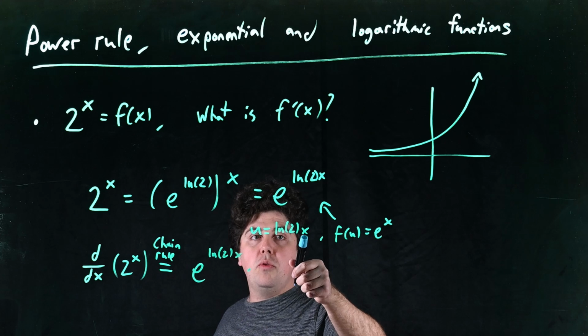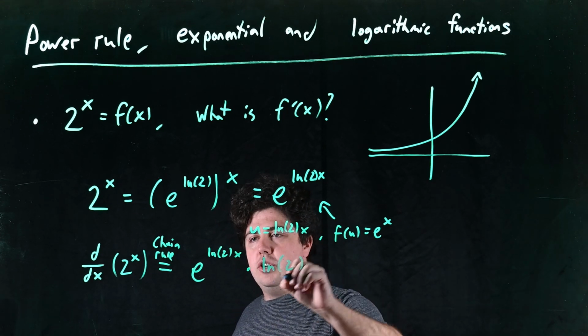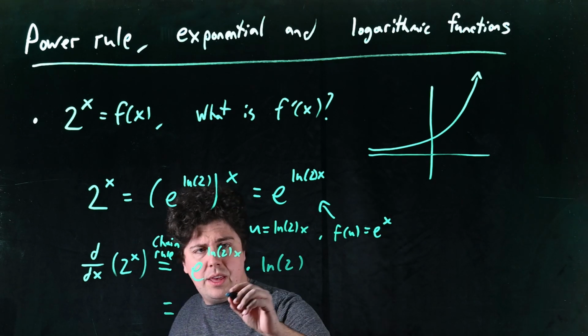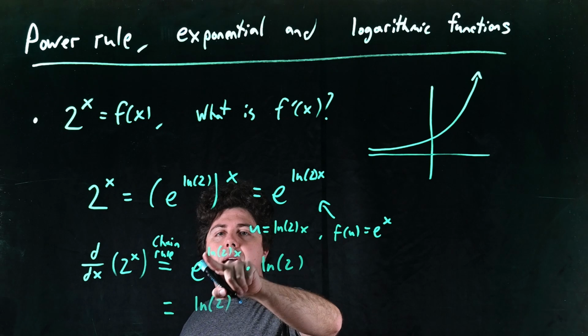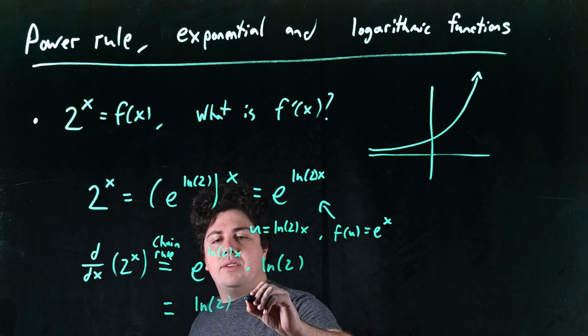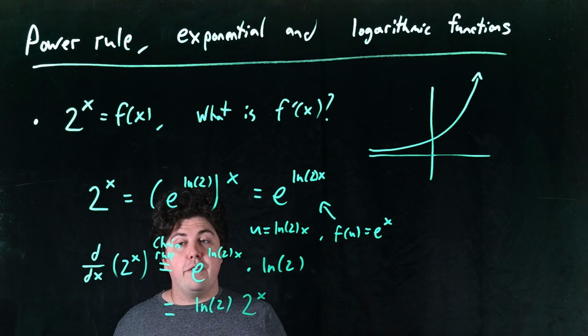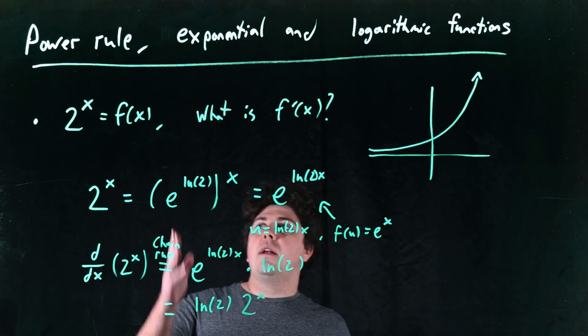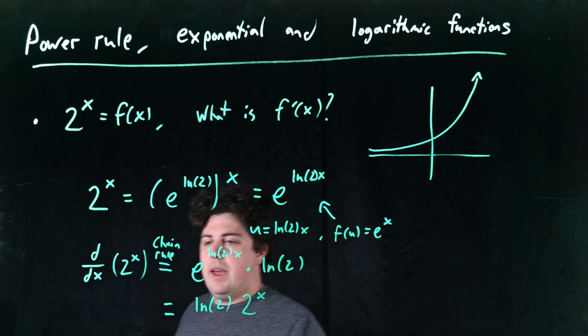This is just a degree 1 polynomial, so its derivative is just ln 2. So this thing is equal to ln 2 times, now let's rewrite this as 2 to the x. So we've found out how to differentiate 2 to the x via the chain rule, and it's just going to be ln 2 times 2 to the x.